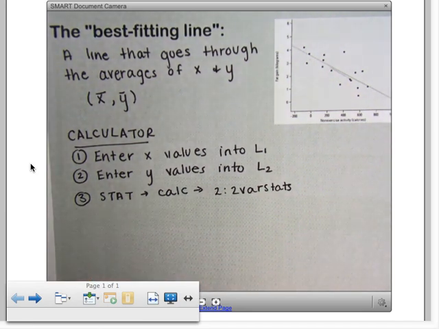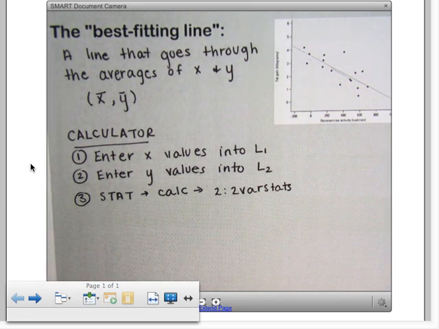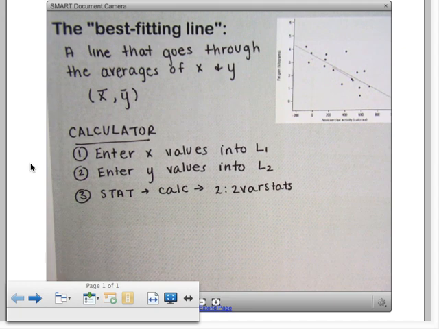Okay, and we will do an example of this. These are just the steps. Okay, for your quiz or your test, you will have to memorize these steps.